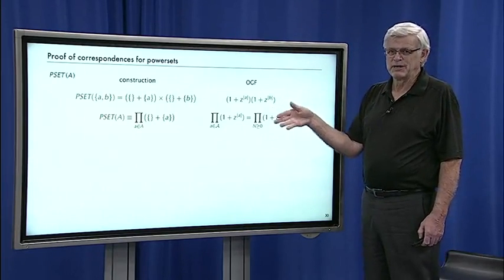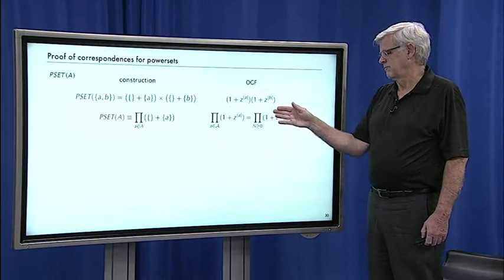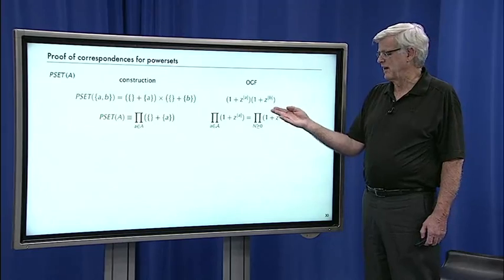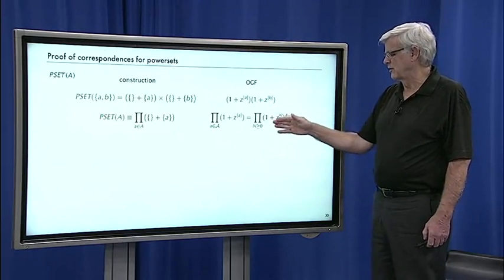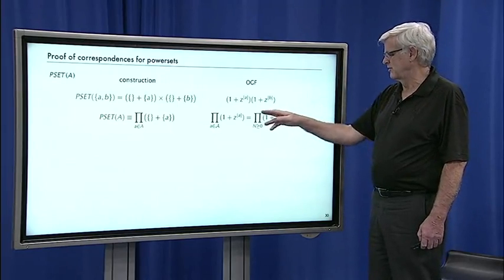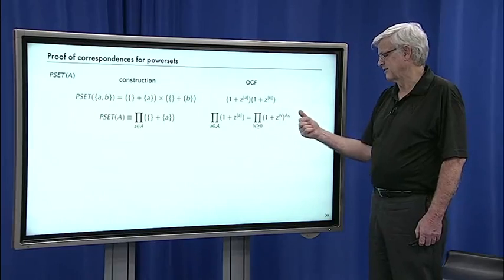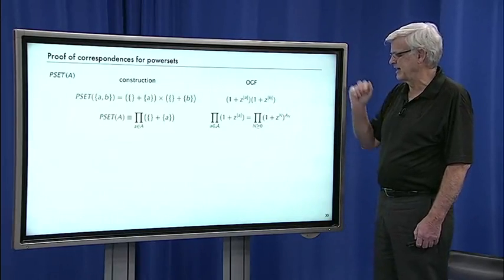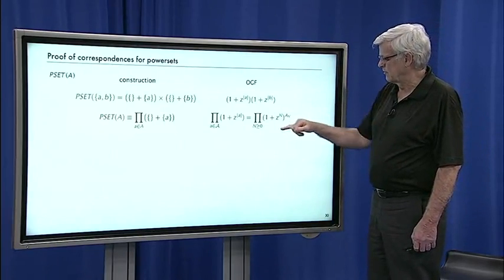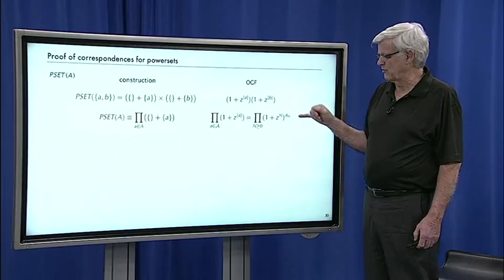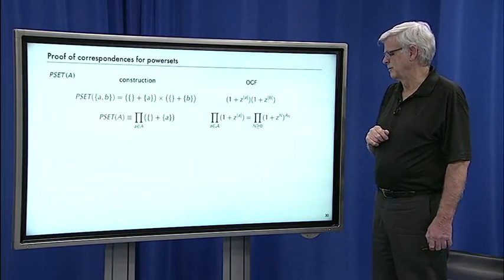And just as in the fundamental identity, if we collect all the objects that have the same size, there's a_n of them, and if we sum by n, it's 1 plus z to the n, and it's a product, and there's a_n of them, so it's that to the a_n-th power. So that's the generating function for the power set. That was the first expression that we gave in the table.